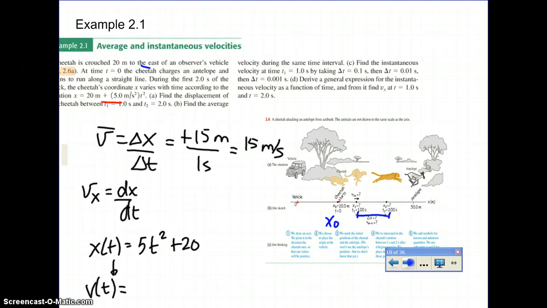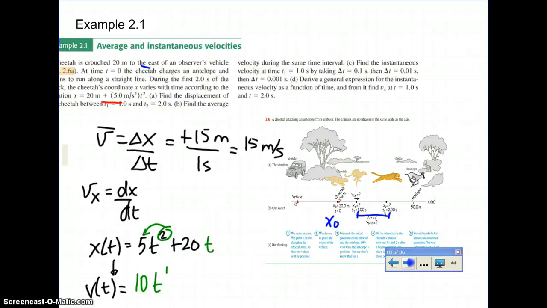When you take derivatives, you're just going to multiply this exponent by whatever's in front of it. So 2 times 5 is 10. Then subtract 1 from whatever the exponent is. 2 minus 1 is 1. So this is going to be 10t to the first.